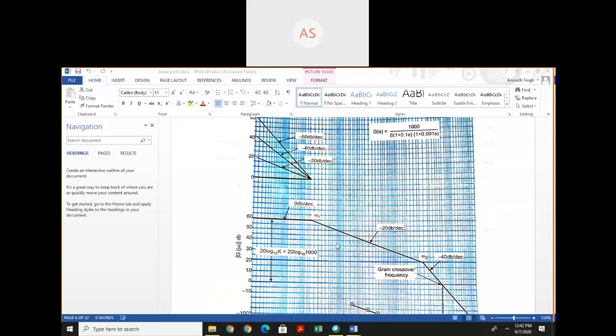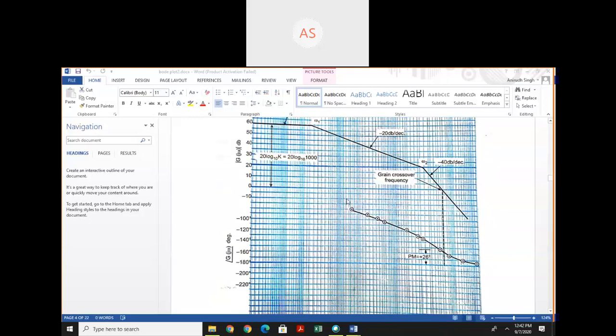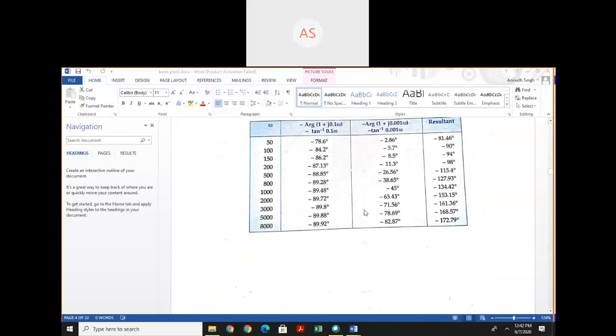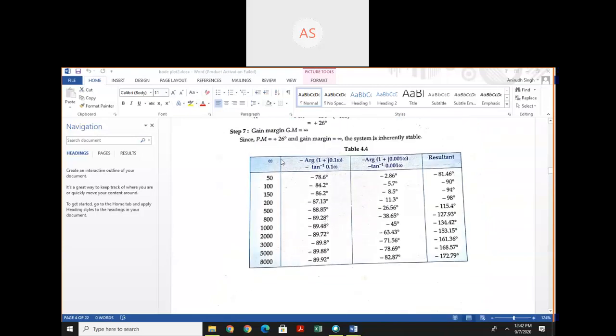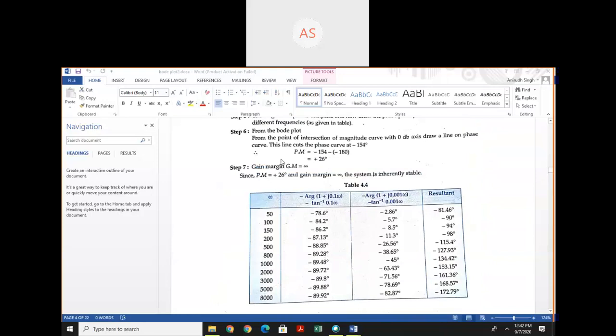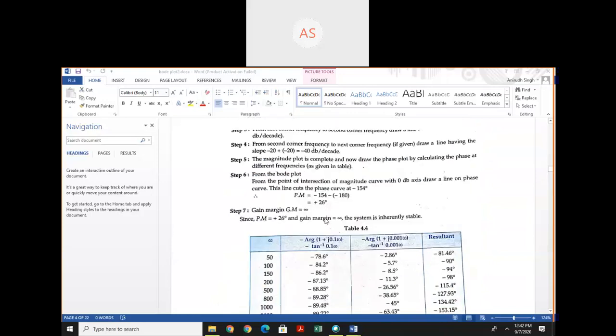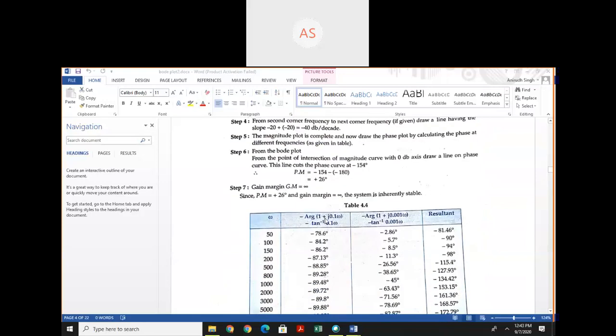So this is the final Bode magnitude plot, and this is the phase plot. Angle by this pole is given by this.